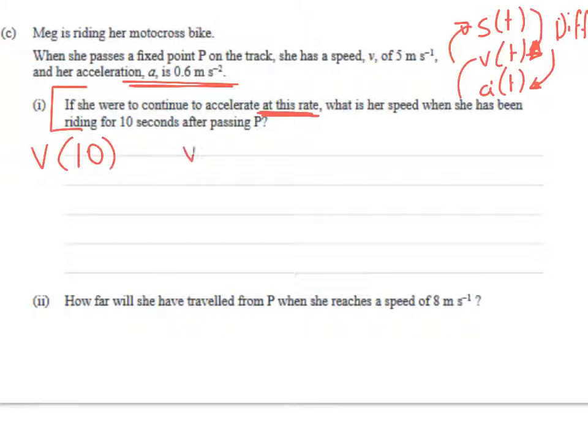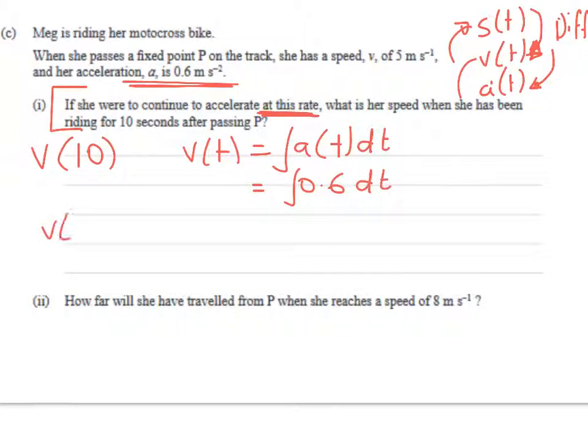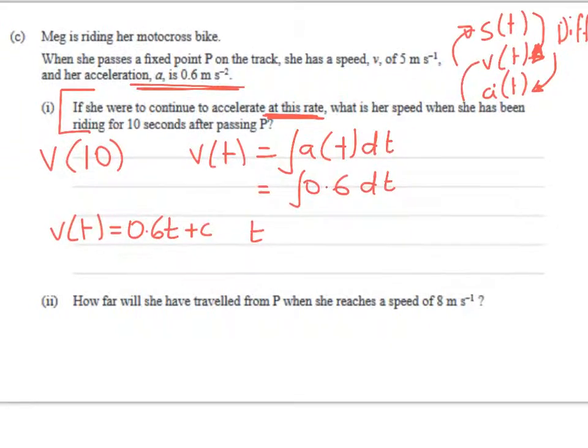So to find velocity, we're going to antidifferentiate like this, because we know that her acceleration is constant. Okay, so V of t is equal to 0.6t plus c, and when t equals 0, we have V equals 5.